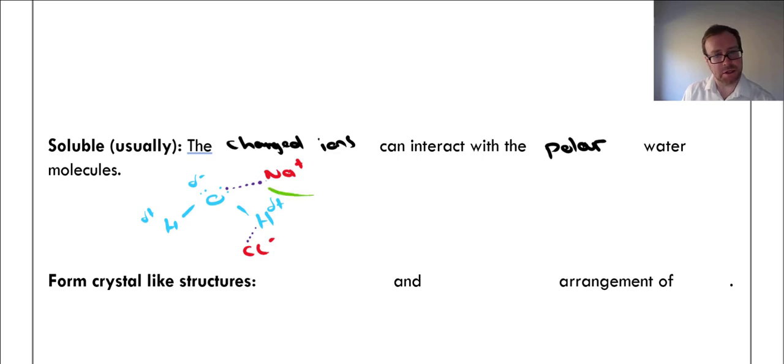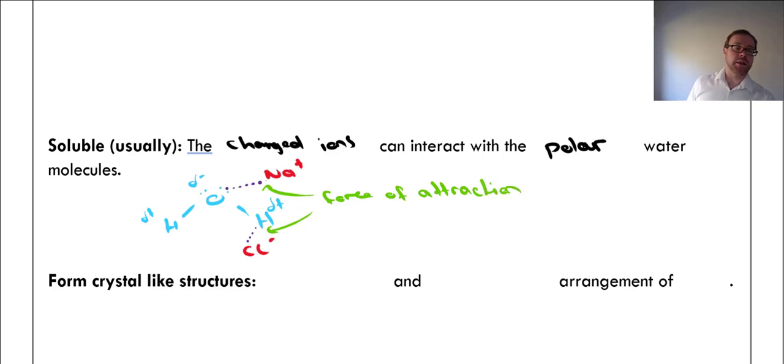And because there is a force of attraction between my charged ions and the water molecules, it means that the ionic compound in question will dissolve in water. Okay, again, quite a simplified explanation, but that will do for now.